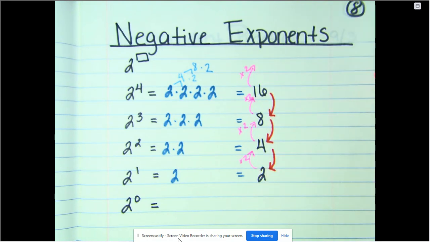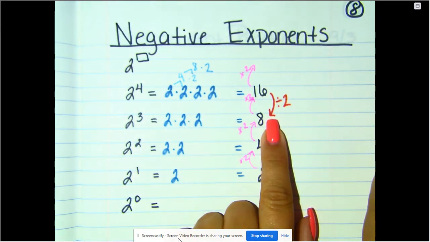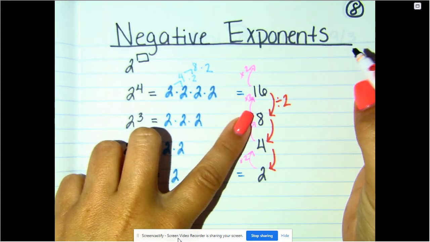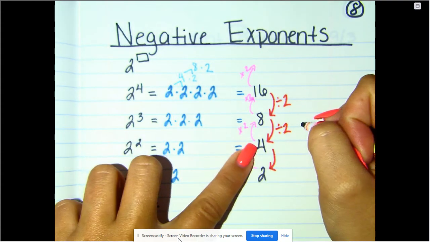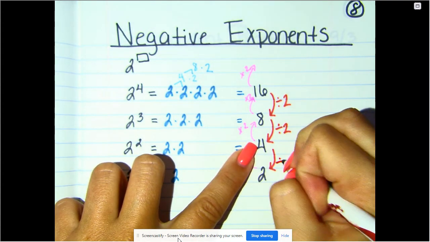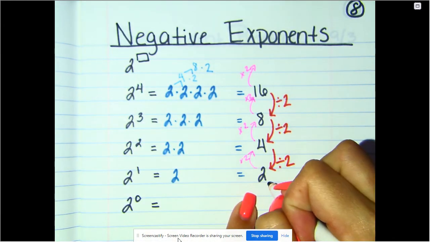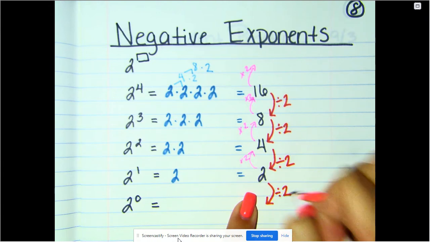And we know that the opposite of multiplying is dividing. So as we go down my chart or my table or my pattern, whatever way you want to look at it, we divide by 2 each time. 16 divided by 2 is 8. 8 divided by 2 is 4. And 4 divided by 2 equals 2. So as I use this pattern, I'm going to go down the table again, and let's divide by 2 again.